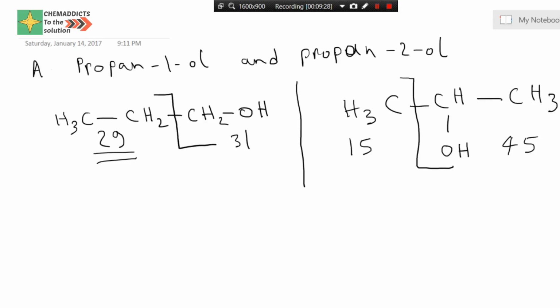So let's check whether A should be the answer. In order for this to be the answer, the mass by charge ratio of this fragmented ion should be matched with either of this molecule.